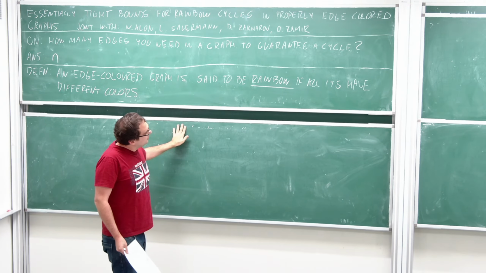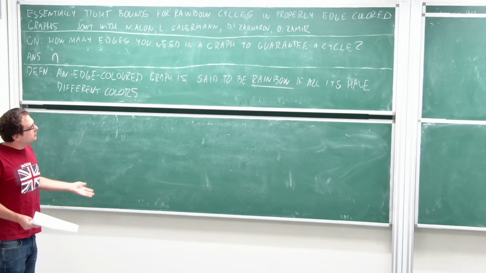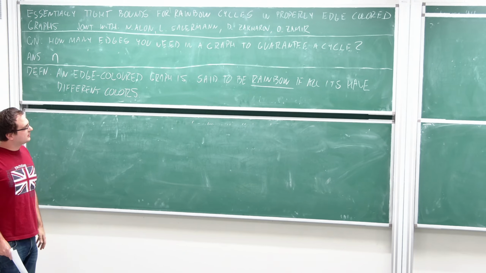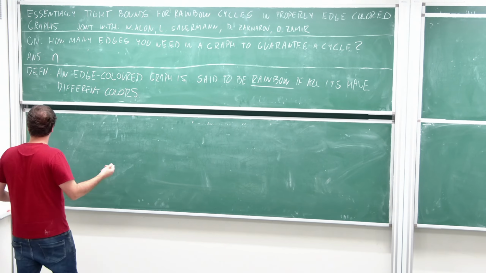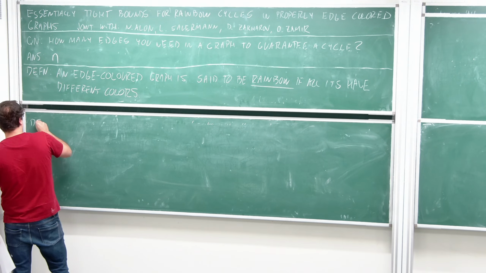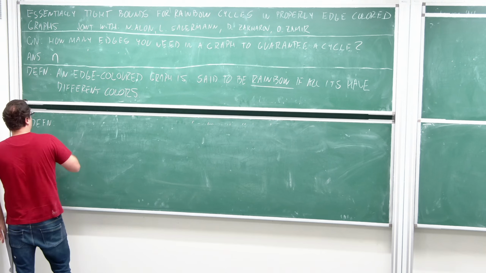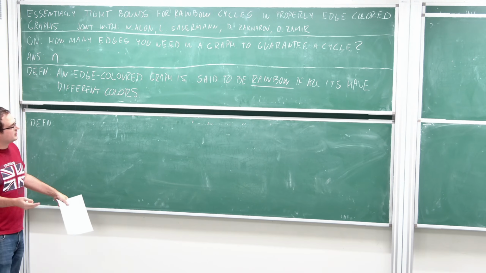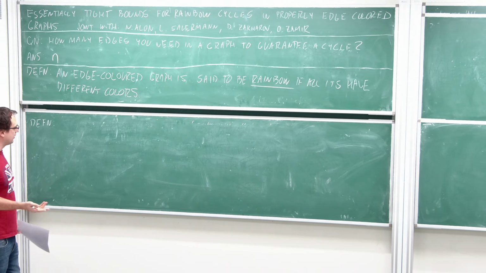One assumption that pops up in many of the applications I mentioned, and that has been studied in its own right because it's a very natural concept, is to assume that the graph you're looking at is properly colored.